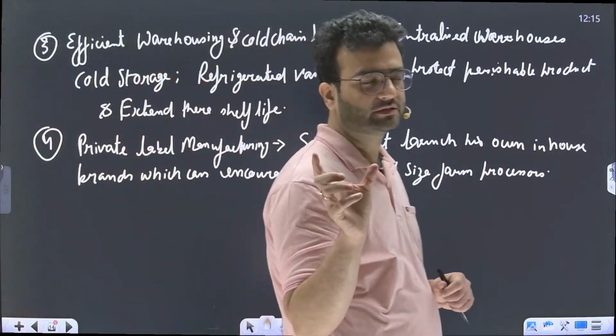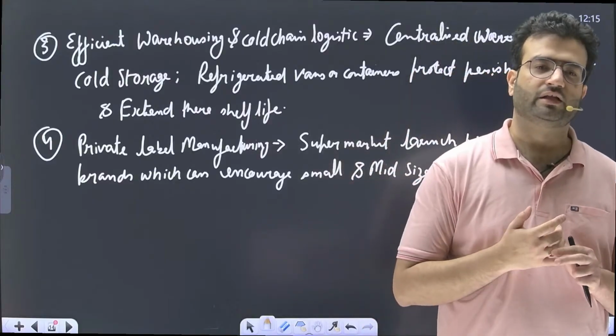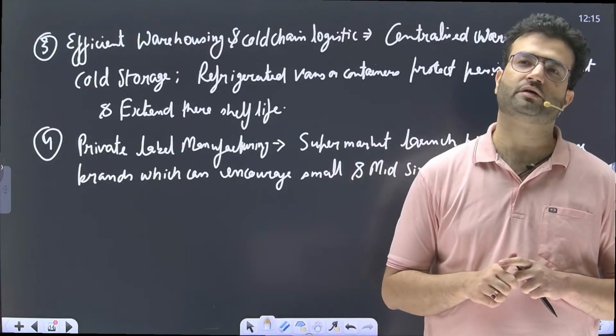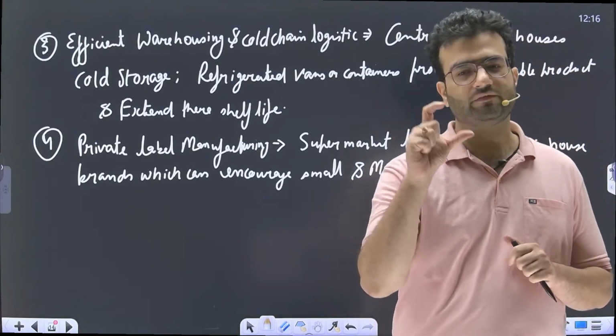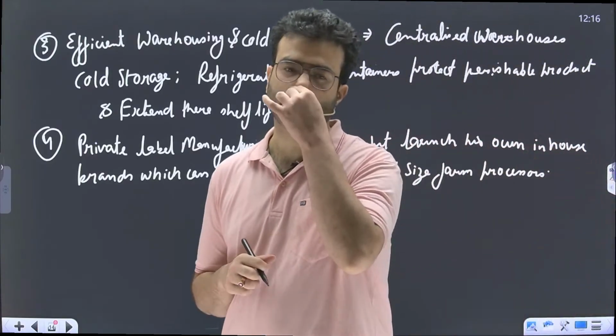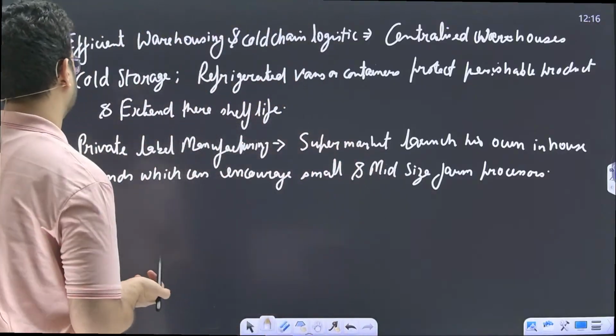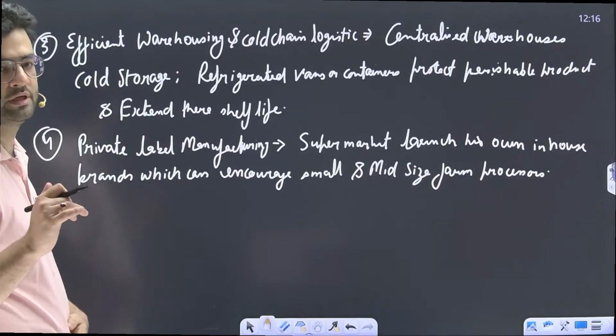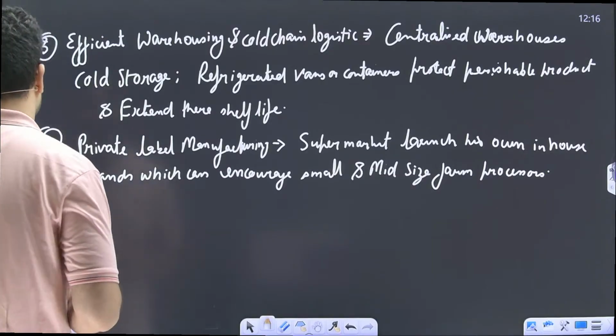DMart polythene, DMart packaging is there. They are selling the rice, pulses, wheat. So DMart has its own brand. They have their own private label manufacturing, that they can directly take from the processors, from the farm processors.